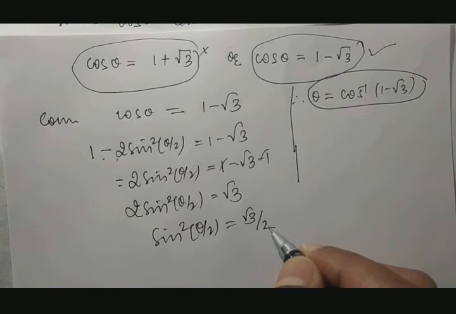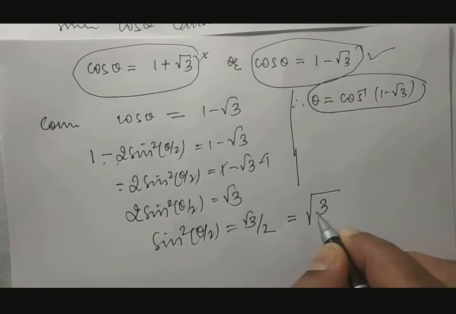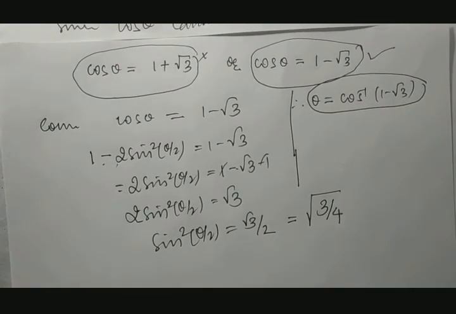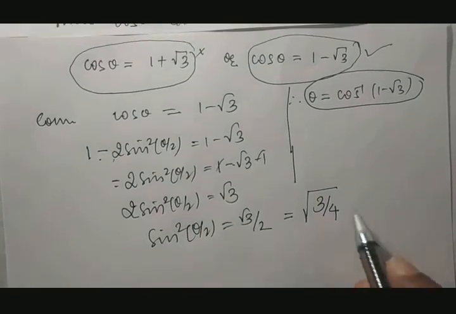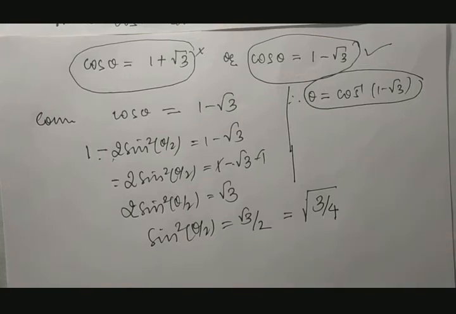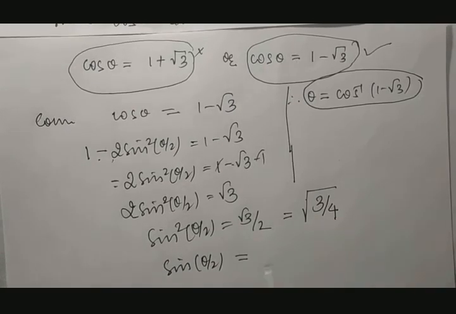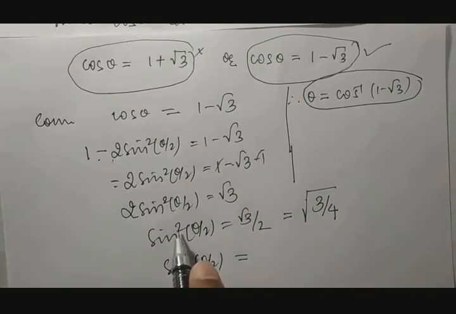Clear? Therefore, I'll put everything under square root, then it becomes root 3 by 4 because 4 is nothing but 2 square. When it is kept under root, it will be back to the original position. Then what is sine theta by 2? If you want to remove this square, then apply square root on both sides.